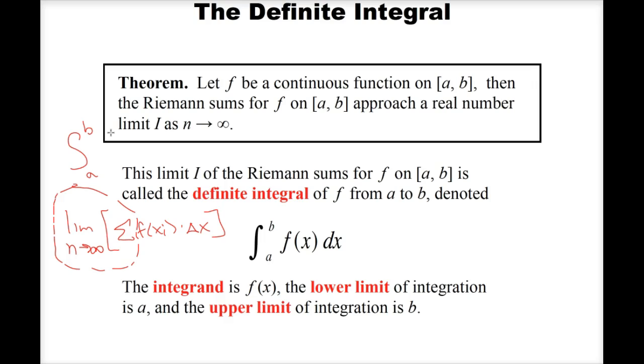And so from there we can find out what's called the definite integral, which is just another representation of the area under the curve of a function from x equals a to x equals b.